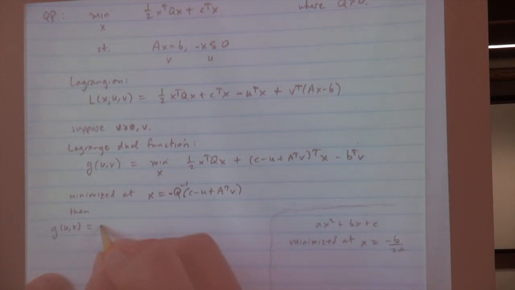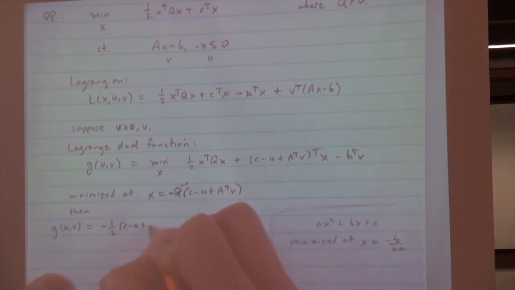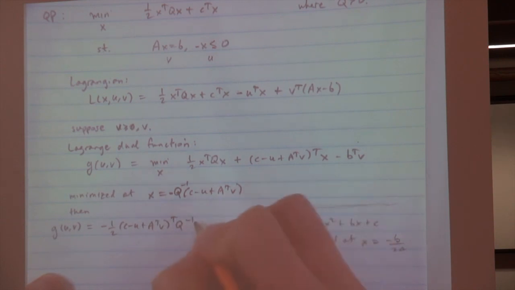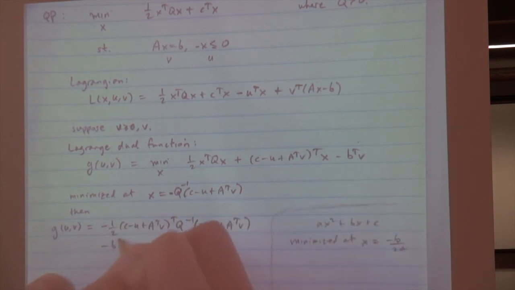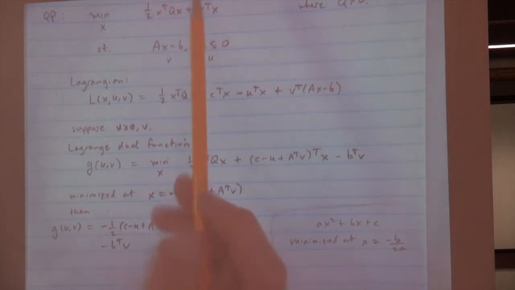So it ends up looking like minus 1/2 times c minus u plus a transpose v, transposed, q inverse times itself, minus b transpose v. And that's the Lagrange dual function associated with this problem.